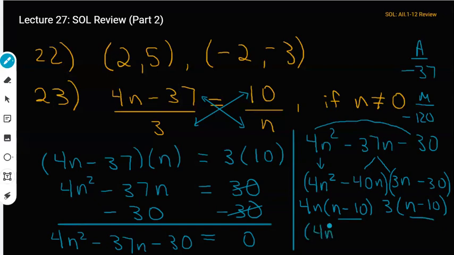So the outside parts are going to be 4n and 3. And then my inside part is going to be n minus 10. And if I set them both equal to 0, I'm going to get 10 right here and negative 3 over 4.